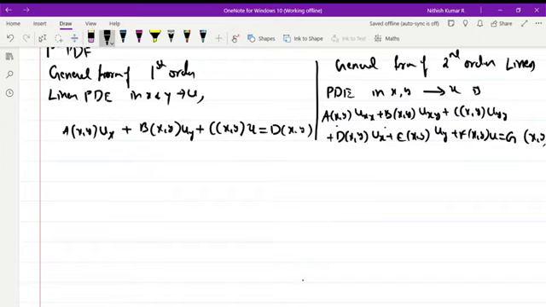Let's move forward. Next, the non-linear PDE is again classified. It is not equally classified; there are two sets of non-linear partial differential equations. One is the semi-linear partial differential equation.